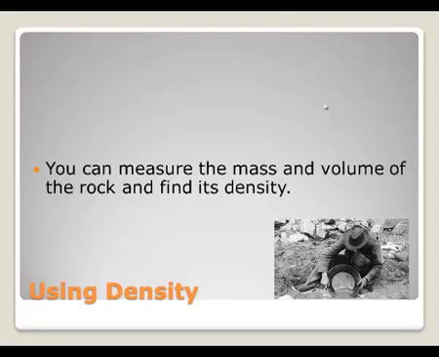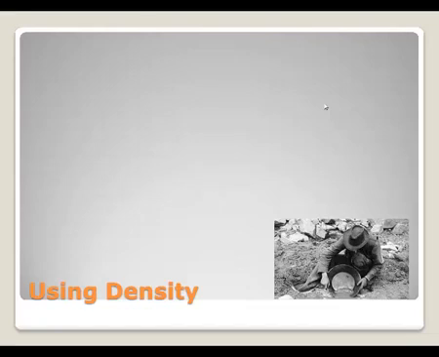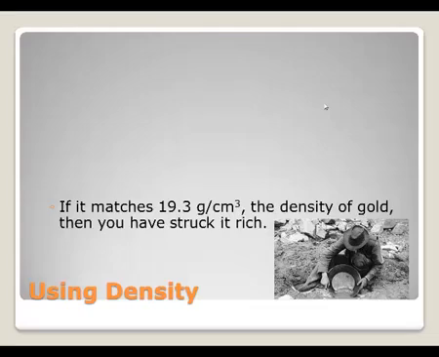You can measure the mass and the volume of the rock in order to find its density. The density of gold is 19.3 grams per cubic centimeter. So if I find a density that is 19.3 grams per cubic centimeter, or really close to that, then I know that the rock that I have found is just gold.